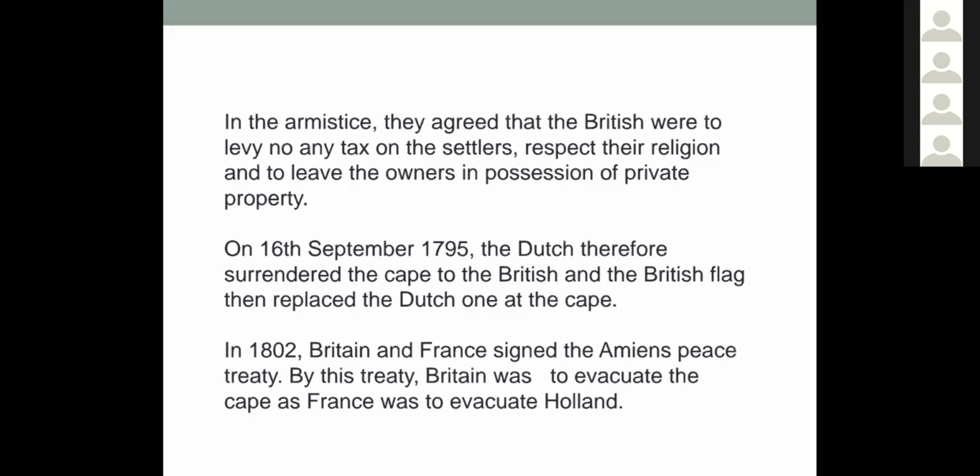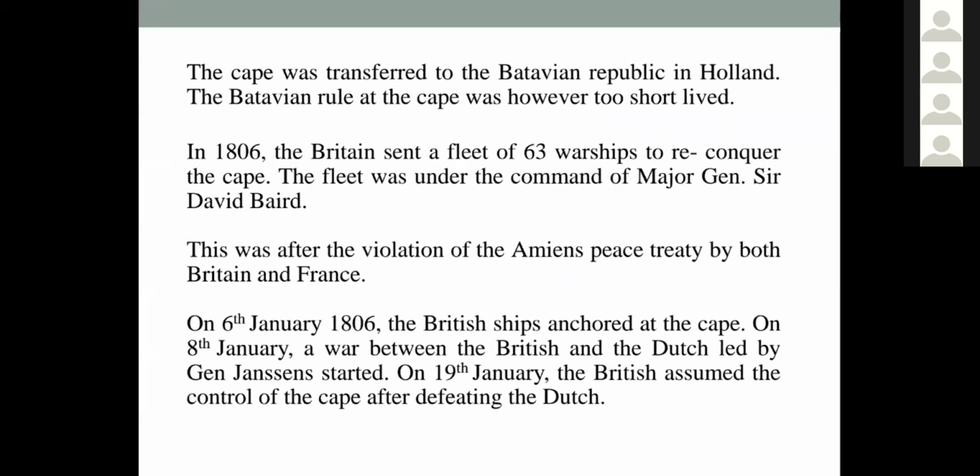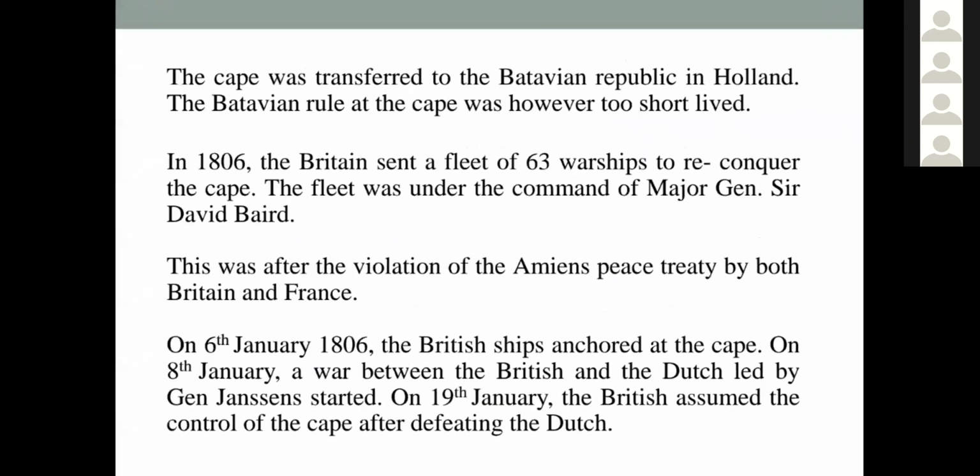In 1802, Britain and France signed the Amiens Peace Treaty. By this treaty, Britain was to evacuate the Cape and France was to evacuate Holland. Is that clear? So I think this is where your question comes in now, where did they leave the Cape?